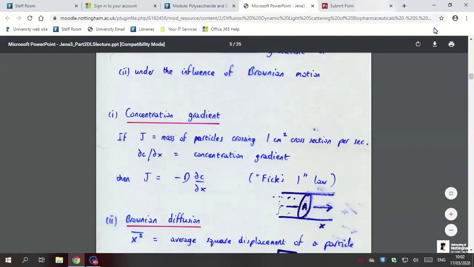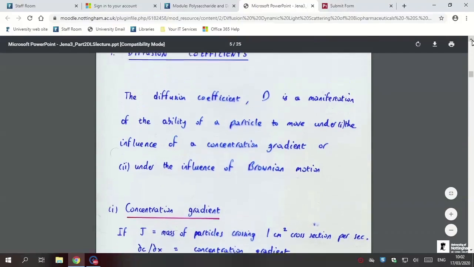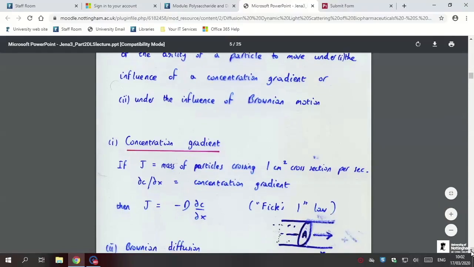And it's all linked in with the laws of thermodynamics, the fact that if you've got a concentrated solution here and it's dilute here, that is not favourable because nature likes everything to be evenly distributed, maximising the entropy. So there'll be a driving force for molecules to move from a region of high concentration down to a region of low concentration.